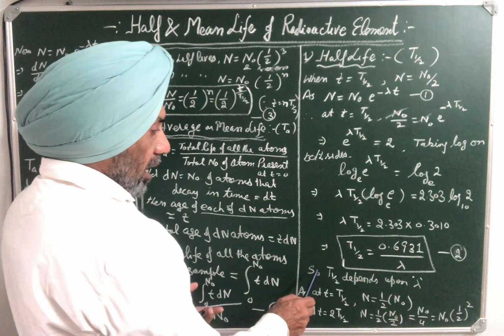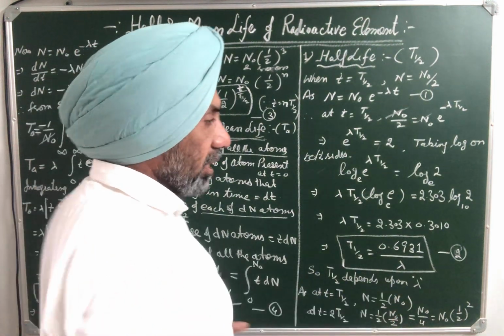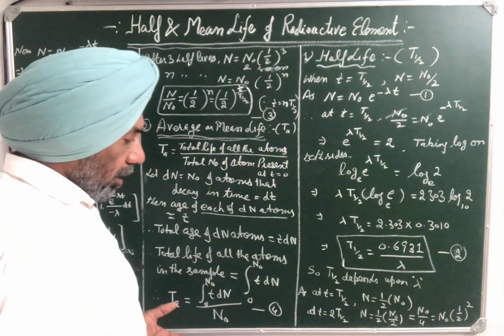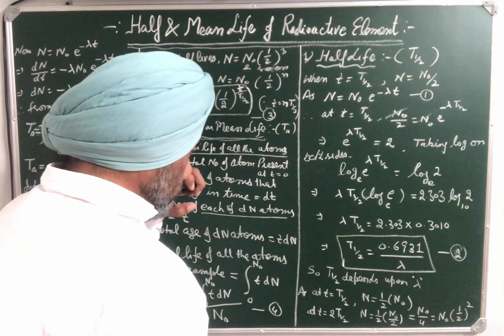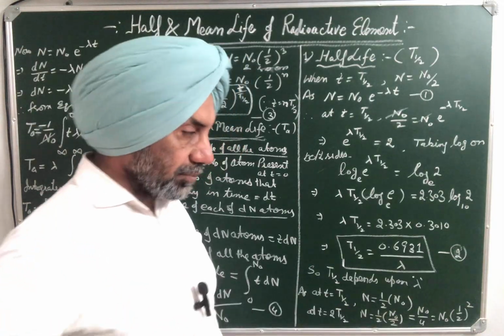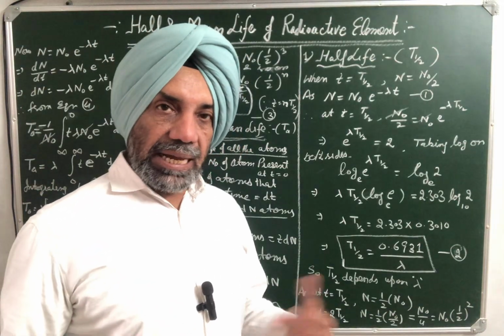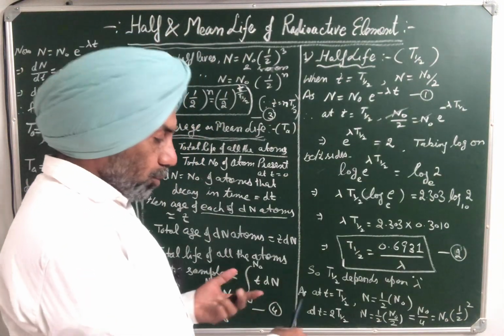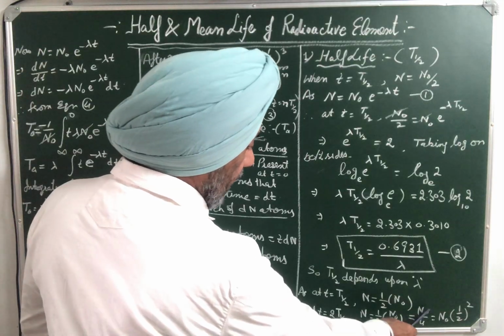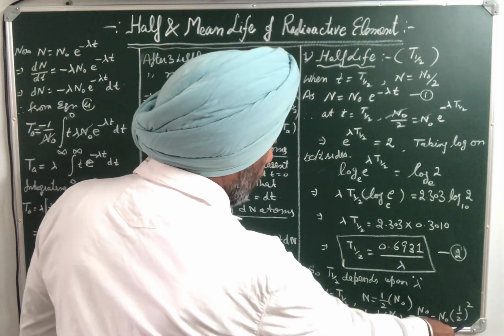It means half-life of radioactive element depends upon decay constant lambda. Now, at t is equal to t half, we have said N is equal to half of N naught. After next half-life, that is after two half-lives, N will be equal to half N naught by 2, that is N naught by 4 or N naught into 1 by 2 power 2.